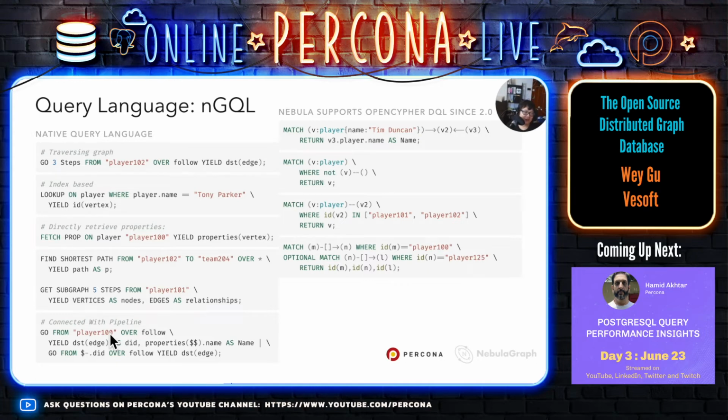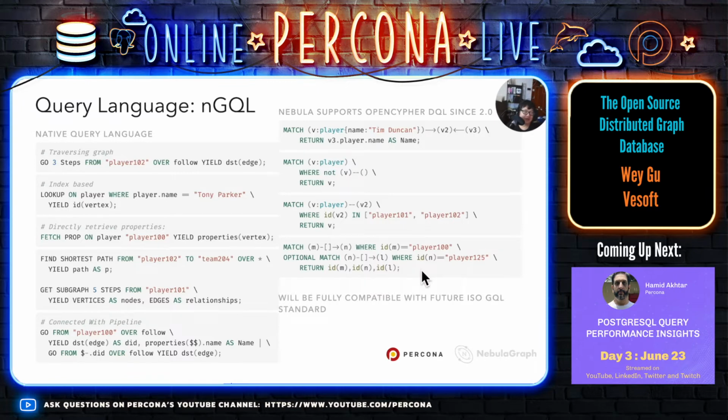And when more users joined the community, we figured out that many of them are familiar with Cypher, so we decided to support Cypher as well.